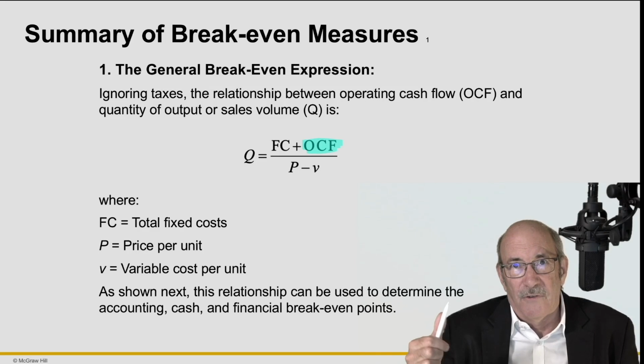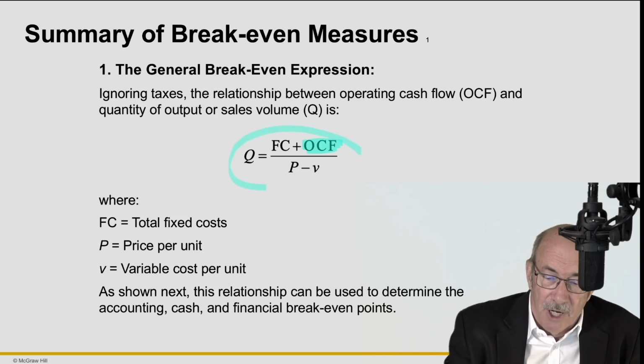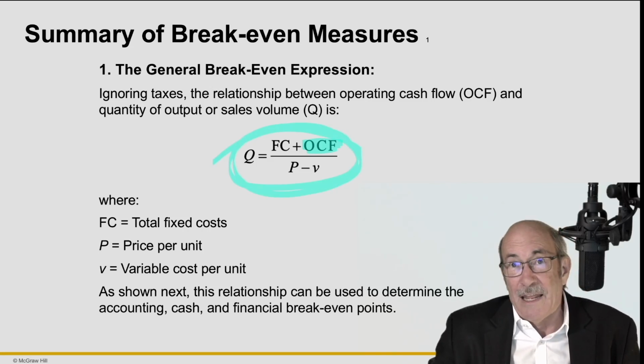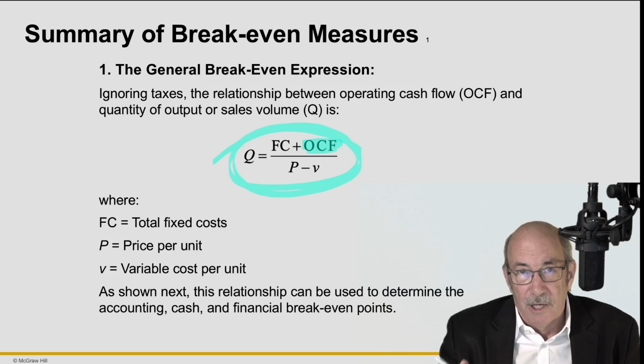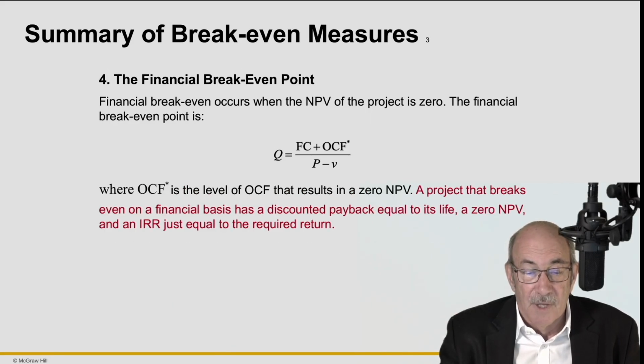And that will give us our financial break-even volume. So this formula right here is a really handy formula and very helpful. It can give us all 3 of those break-even points. And I'm going to skip over these slides here because they're just reiterating what I just said.